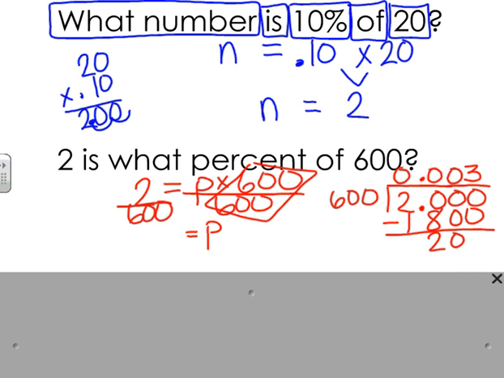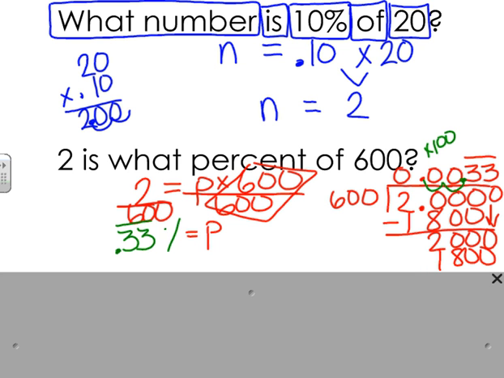When we subtract, we get 200. We're going to add a 0 to bring down. And we're going to start getting a repeating number over and over. So I get 0.0033. Now the last piece, remember you have to multiply that by 100 to change it into a percent. So the final percent is 0.33 repeating with the percent symbol after it.